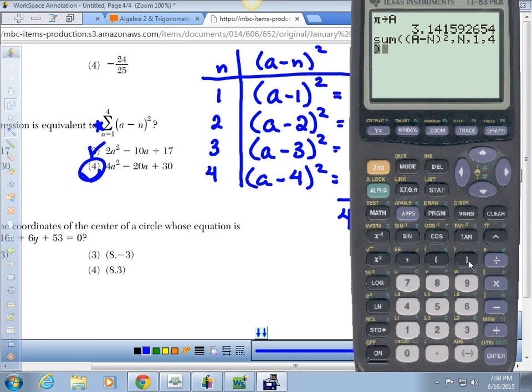Okay, so, folks, by me storing some number for a, that means a is no longer a variable. It's a constant in there. And then n is going to get replaced with numbers. So when I find the sum with n being 1, 2, 3, and 4, and a being pi, oops, closed off everything, didn't I? A minus n squared with n, 1, and 4.